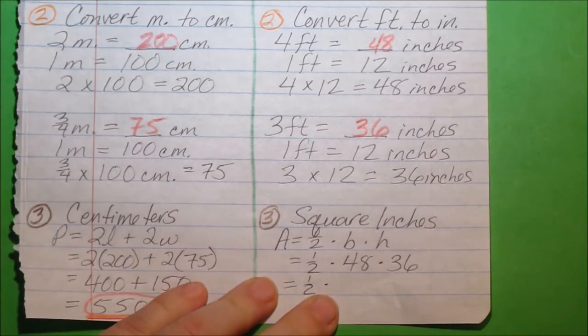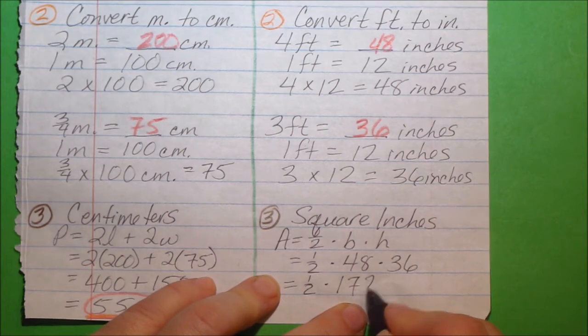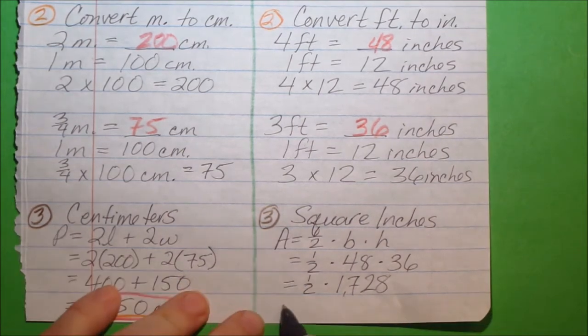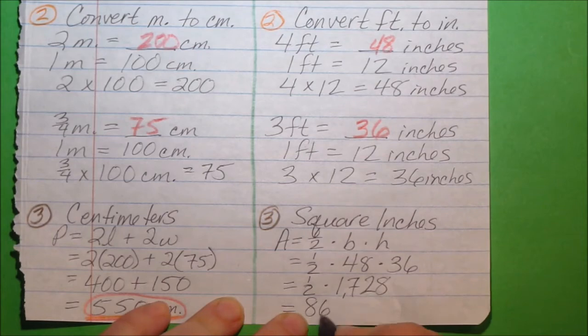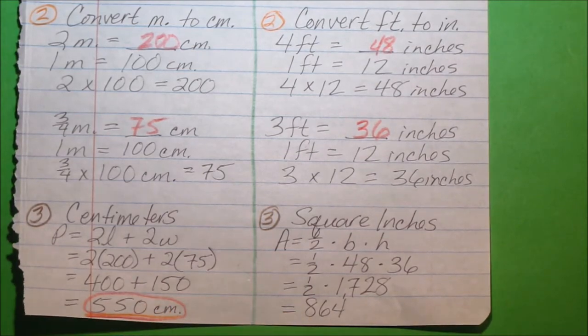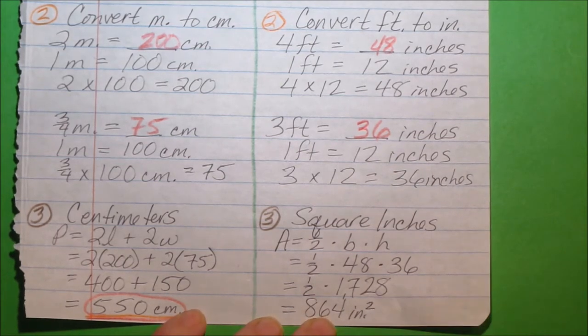All right, so 1,728. Now, 1/2 of 1,728 is 864. Okay, 864. 864 what? Well, that would be inches squared.